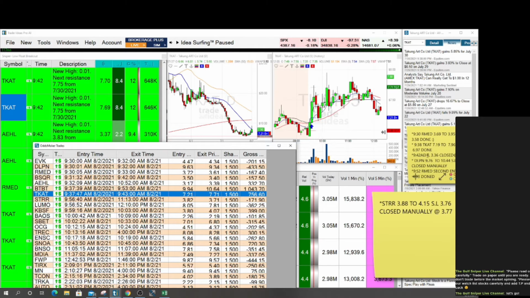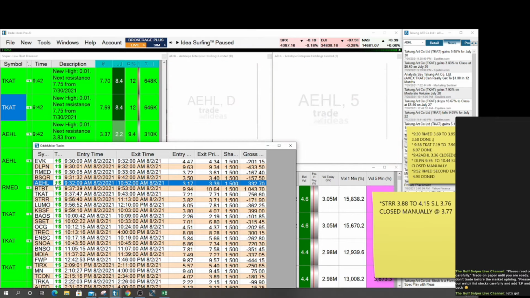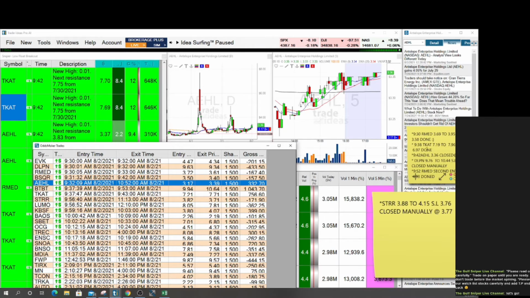Next one was at 9:42, which is AEHL, and we entered at 3.36. From 3.36, we saw it on the daily making great movement, and I strongly believe that this one is our next swing trade.